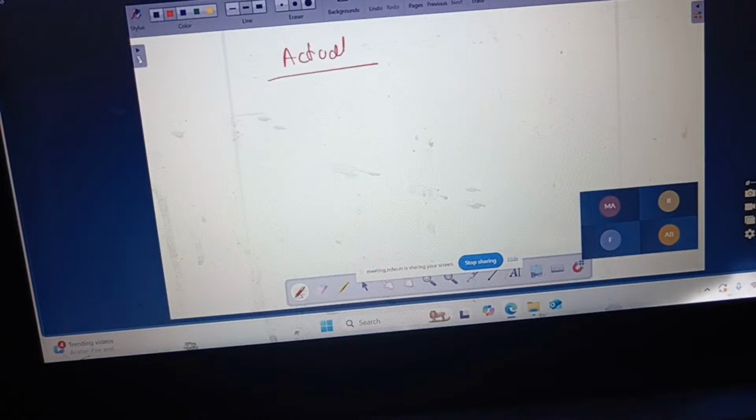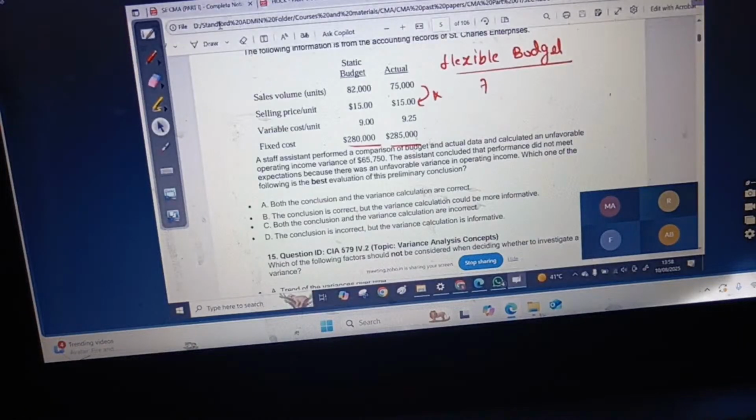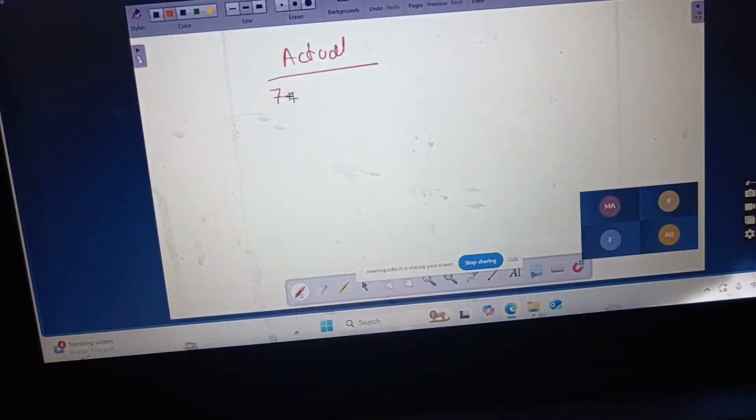How do you solve this? I want the revenue. How much is the revenue? 75,000 multiplied by $15. What we get is the revenue, 1,125,000. Now for the variable cost. How much is the variable cost?